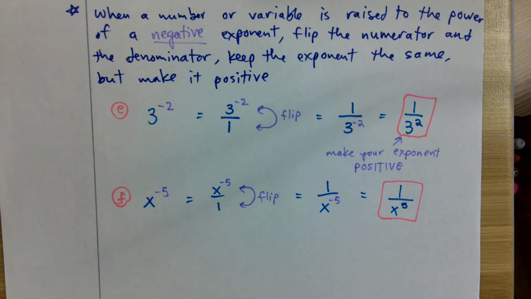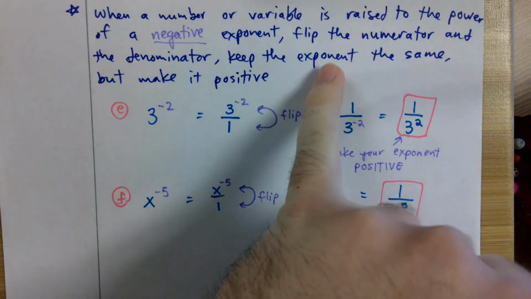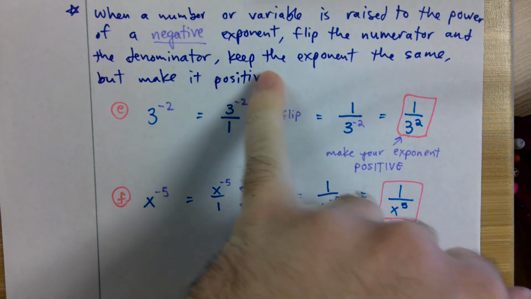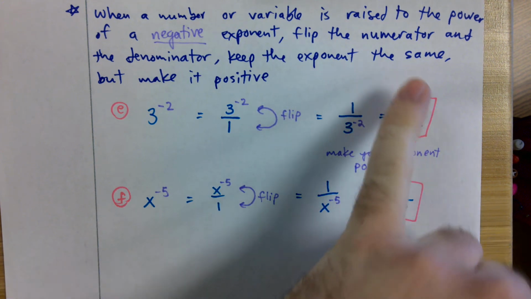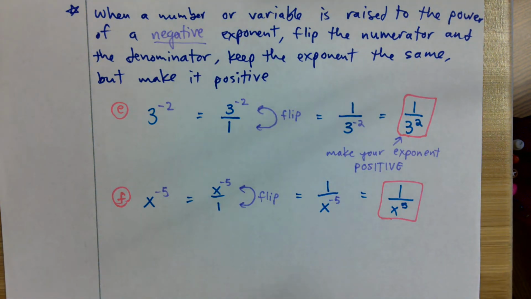Take a look at example E, or actually, you know what? I'm going to let you write. Just to clarify real quick, right here where I say to keep the exponent the same, all that means is don't change the number.